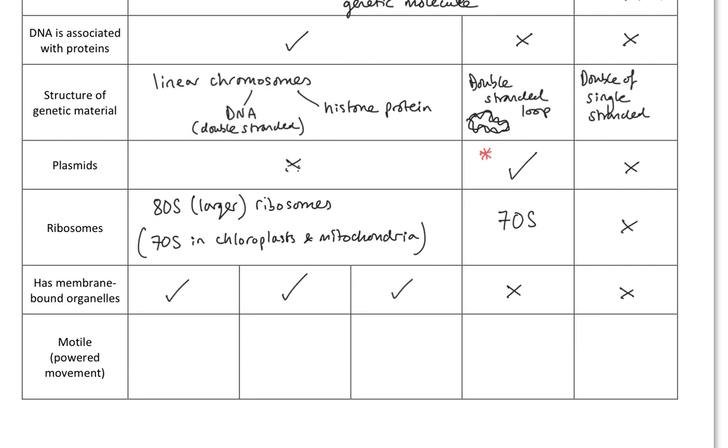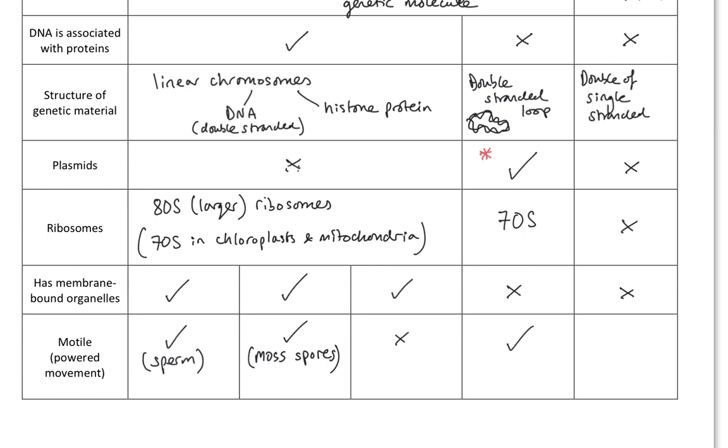Then motile, powered movement. Some animal cells can. Some plant cells can. It's like moss spores, I think, or motile ones. Fungi, I can't think of any motile fungal spore. I'm hoping I'm right there.